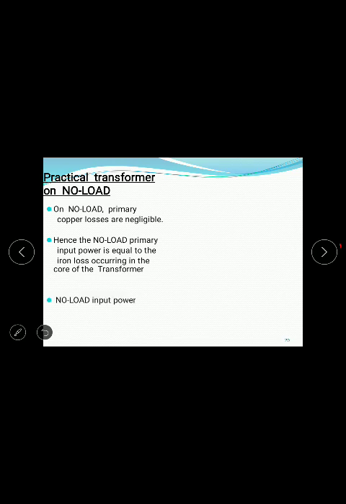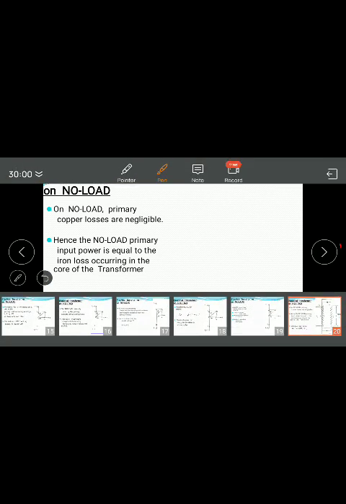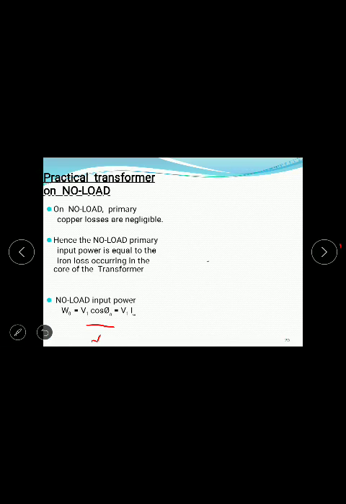Now, no load input power W0 is equal to V1 I0 cos phi naught, that is equal to V1 into Iw, the working component of current.